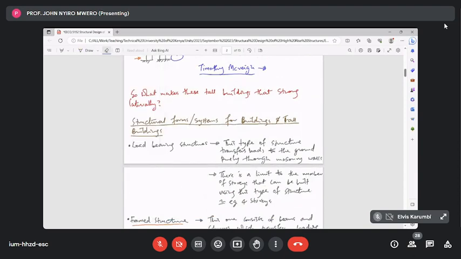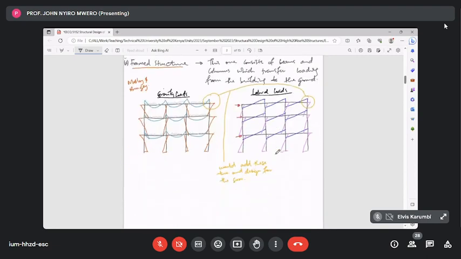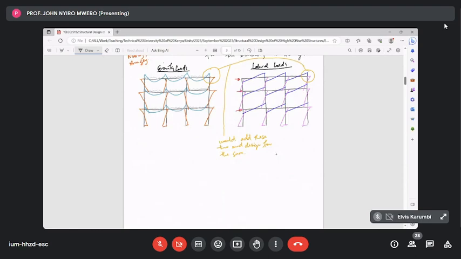Okay, so let's number these. So that is 1. This is 2. So the third one that would increase slightly the capacity to be able to carry lateral loads is what we'd call a braced frame structure.